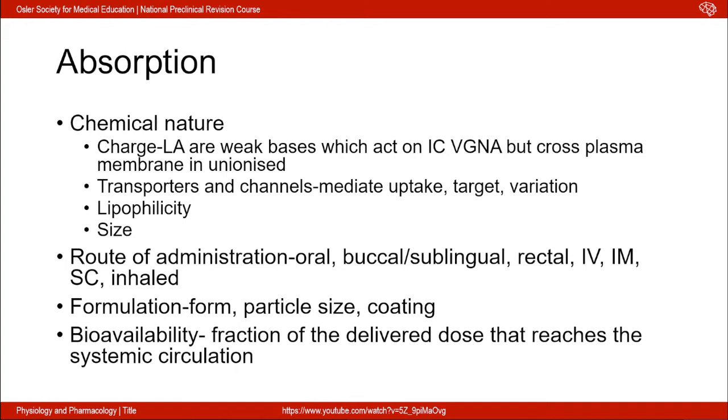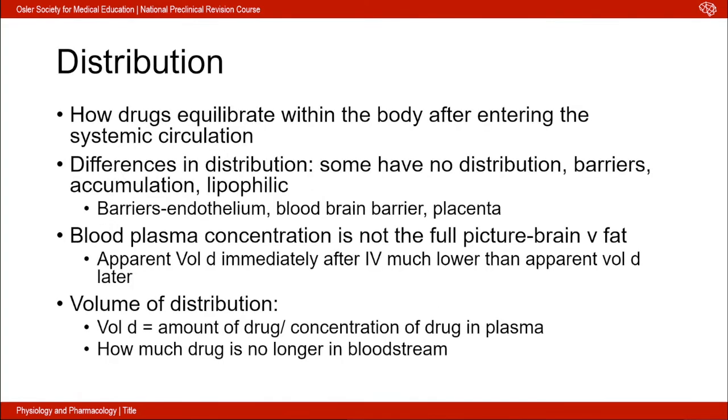So the next in ADME is D, which is for distribution. So does anyone feel comfortable describing what they understand distribution to be? Okay, if not, so distribution is sort of how drugs equilibrate within the body after they enter the systemic circulation.